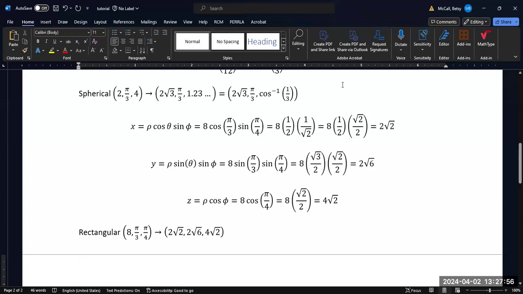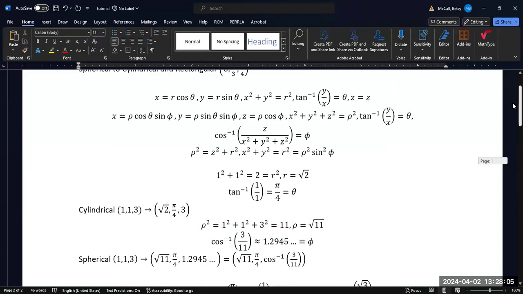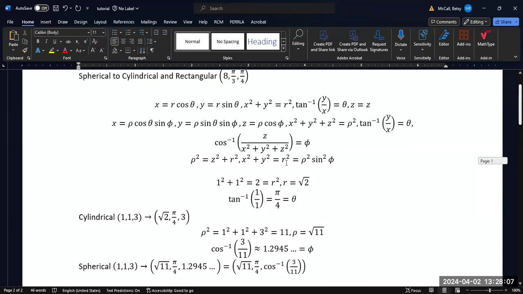And then finally, we have to do our conversion to cylindrical. So for cylindrical, we're going to need a relationship to get R, and we're going to need a relationship to get Z. So for Z, we've already calculated that, so we don't have to do it again.